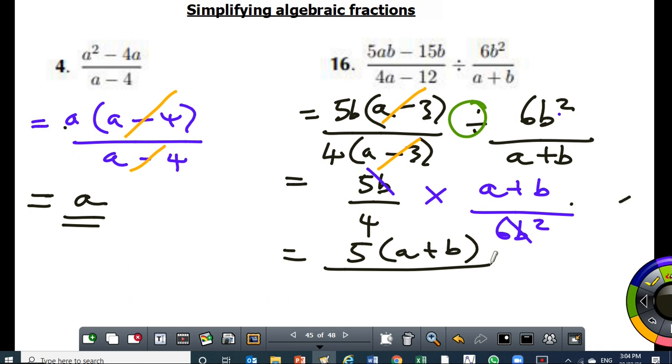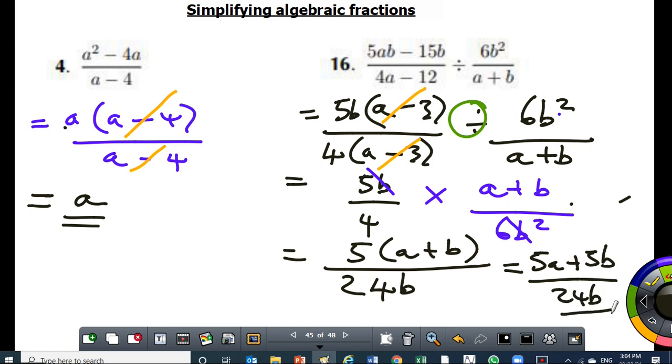So you end up getting 4 times 6, that will give you 24, 24b. If you want, you can simplify that numerator and remove brackets. But if you leave it like this, it is still fine. You write it as 5a plus 5b over 24b. That will be your final answer. Okay, can't simplify it any further.